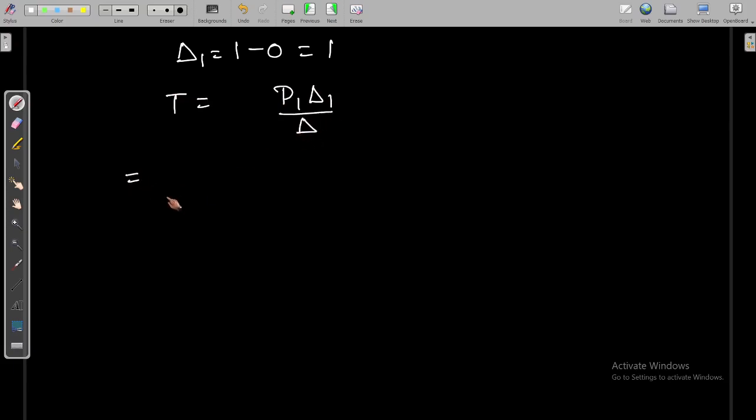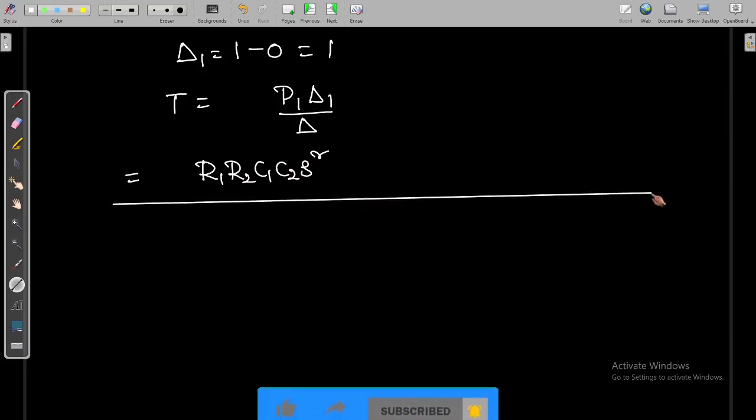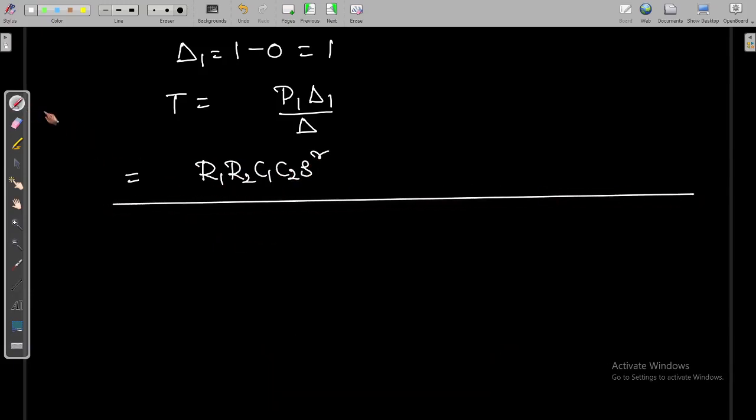So what is the P1? You are having only one forward path, that is equal to R1 R2 C1 C2 s square, that is the forward path, that is the P1 here. Next delta 1 will be 1 only.